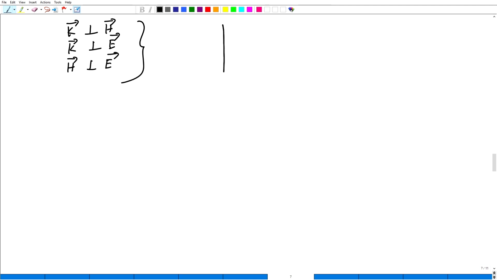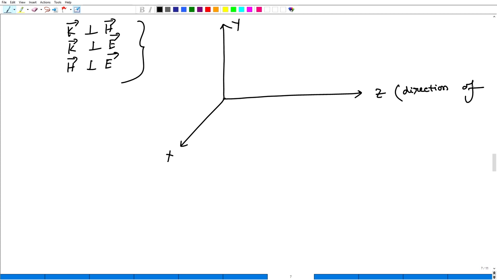Then what will be the structure of our wave? Let us say this is our z axis. So this should be x, this should be y. Now let us say this is the direction of propagation, and this is the electric field.